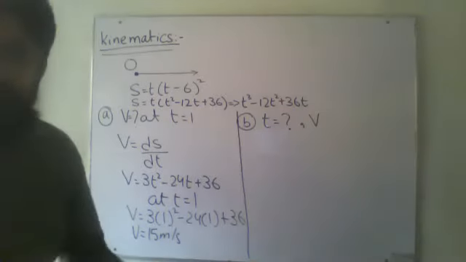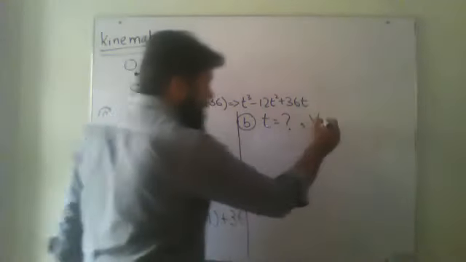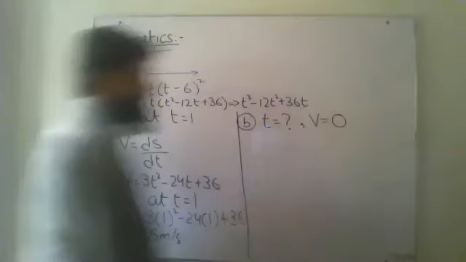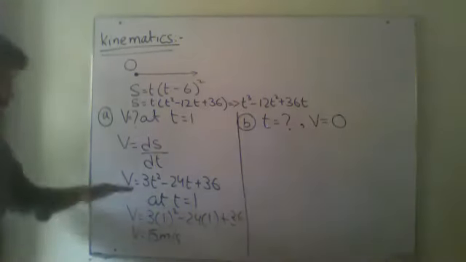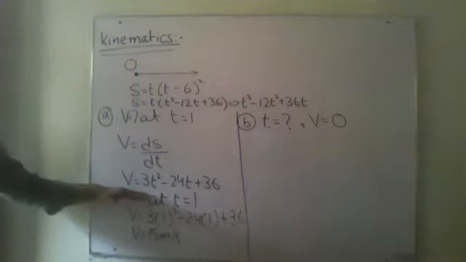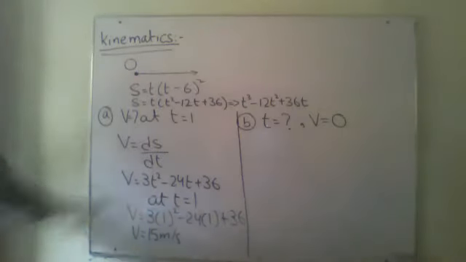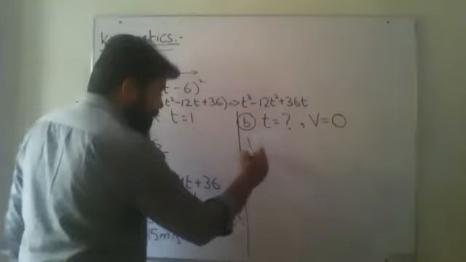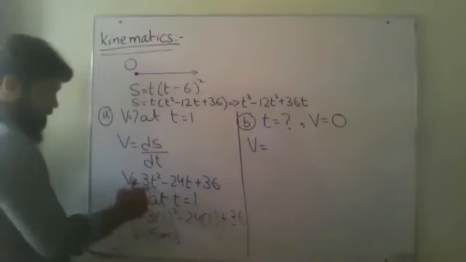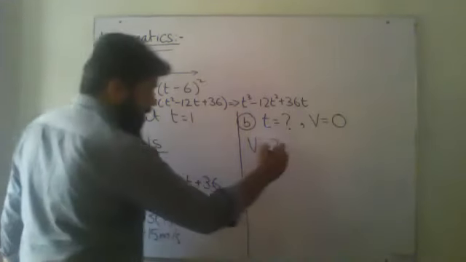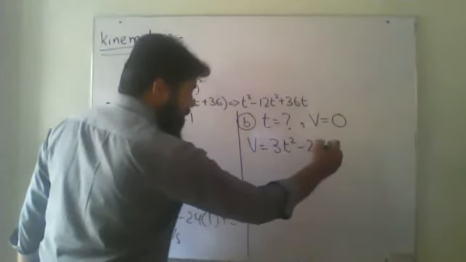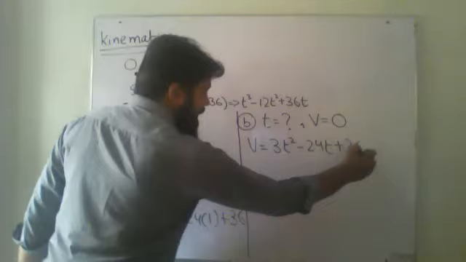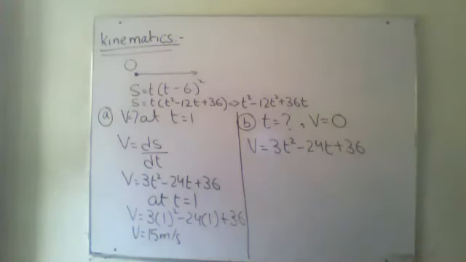Body is at rest means velocity equals 0. So I have already got my equation of velocity over here: v equals 3t squared minus 24t plus 36.